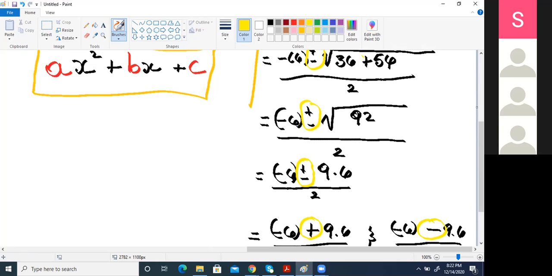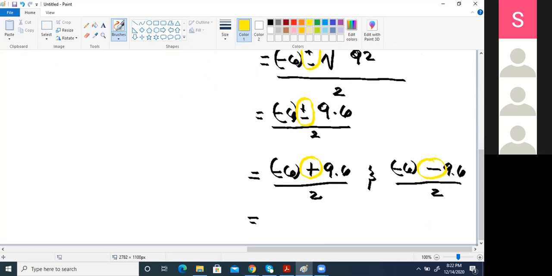All right. So once you punch this in a calculator, you should get two values for x. So that would be minus... let's see, 6 plus this should give you 9.6 minus 0.6. So would it be 3.6 over 2? I think this one is 1.8. And one should be 1.8.